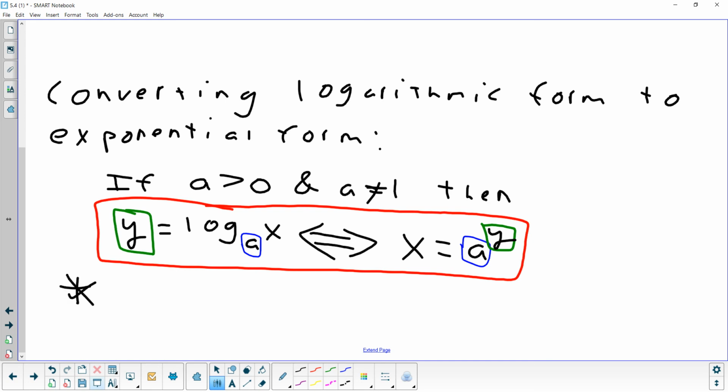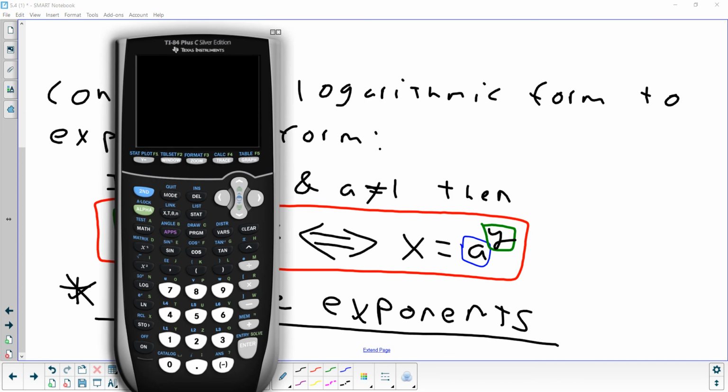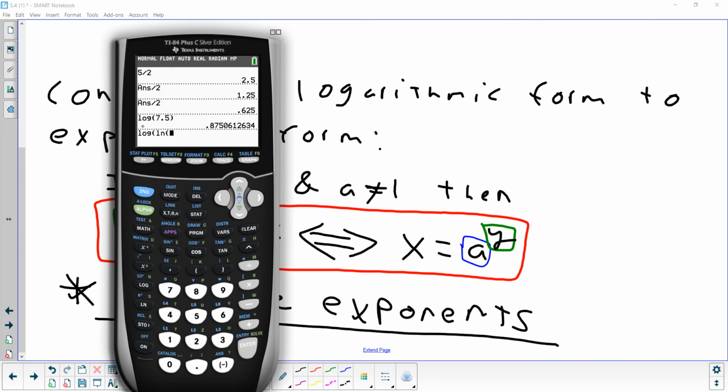The way I remember it, the first thing you always want to remember about a logarithm: logs are exponents. Anytime you use a logarithm, you are trying to calculate an exponent. So if I type in log of 7.5, I get 0.88. That 0.88 is an exponent.